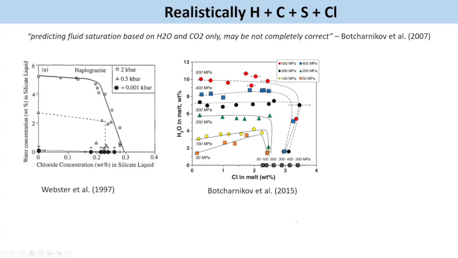And then there's some more recent experiments from 2015. And what you can see is the effect on water solubility based on chlorine, it's highly dependent on the pressure. There's a lot of uncertainty here, and we barely have enough experiments to parameterize how CO2 is affected by melt composition, let alone doing it in this 4-component system.